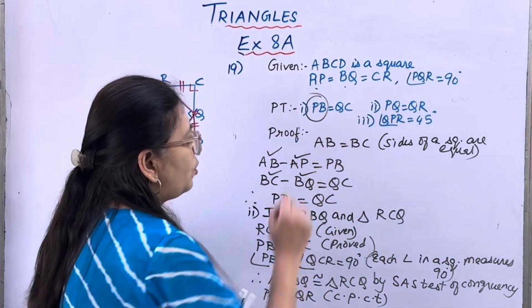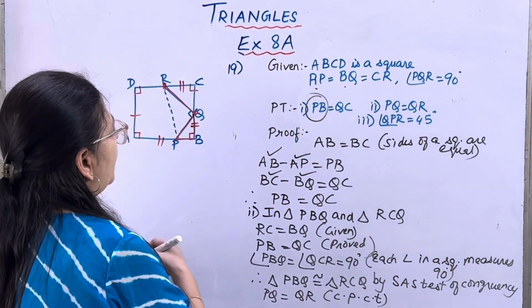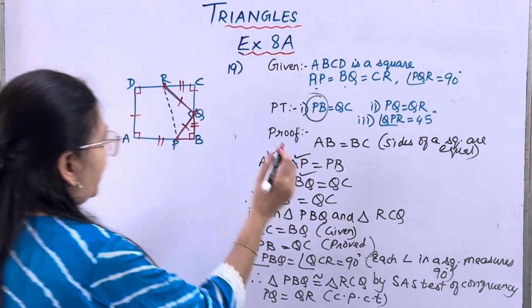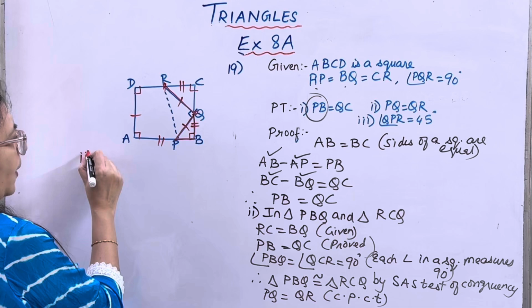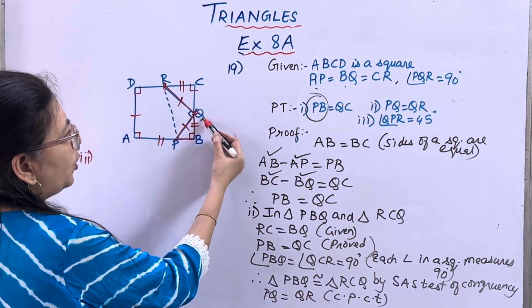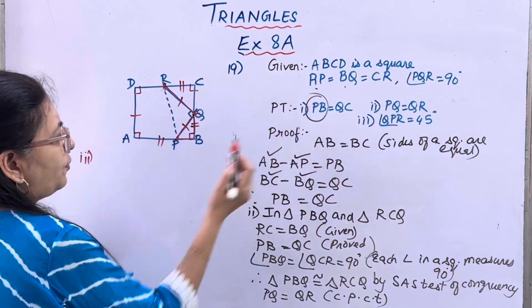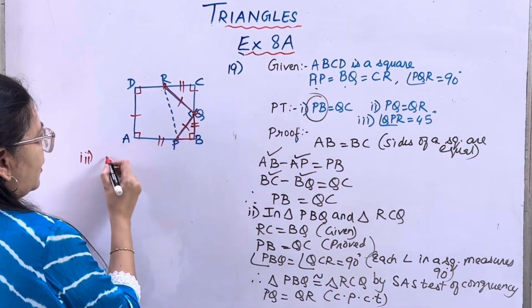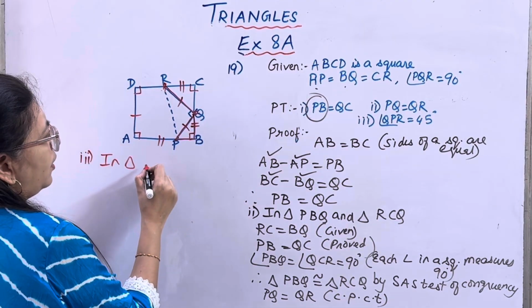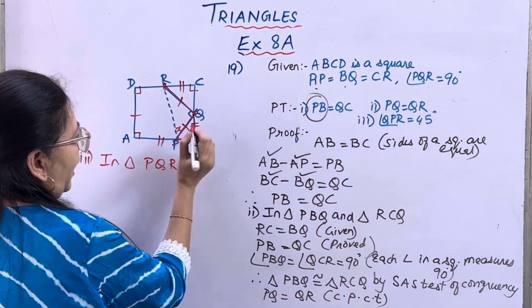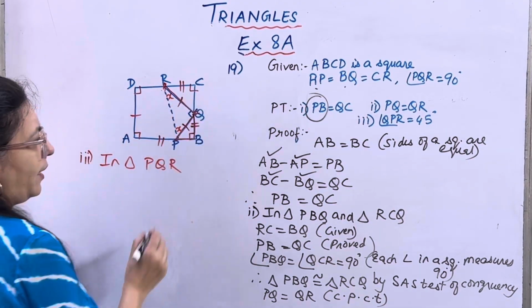Okay. Now you have to prove, now you have proved that PQ is equal to QR. Now in triangle PQR, for the third one, you have to prove angle QPR is 45 degrees. So these two sides are equal. So in triangle PQR, let this be X. So even this would be X. Why?